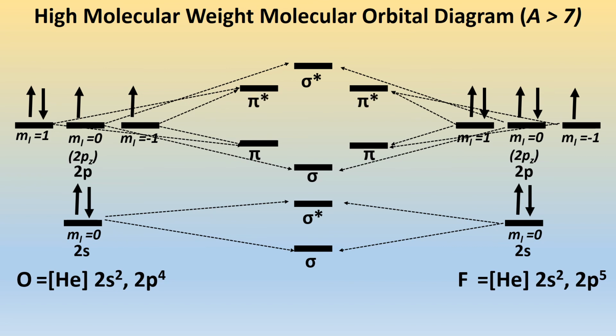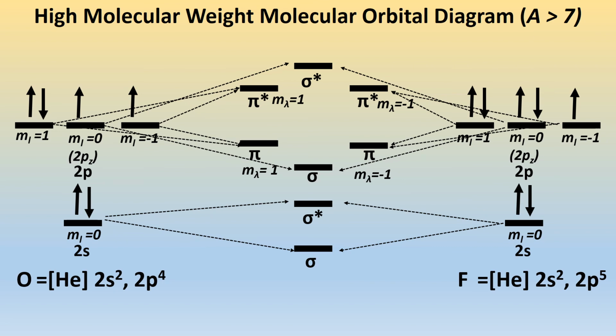Once again, the relative relation to the z-axis is still important, so the pi orbitals are labeled m sub lambda of minus 1 and m sub lambda of plus 1. Additionally, you will note by looking at this diagram that the orbitals are arranged differently.